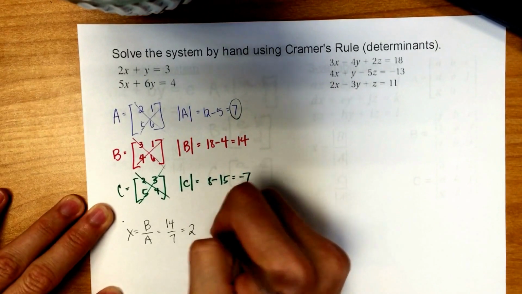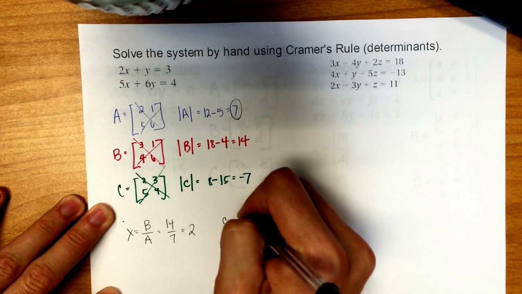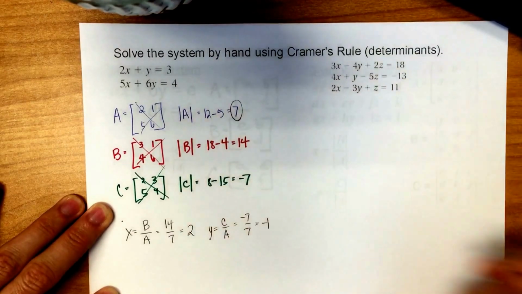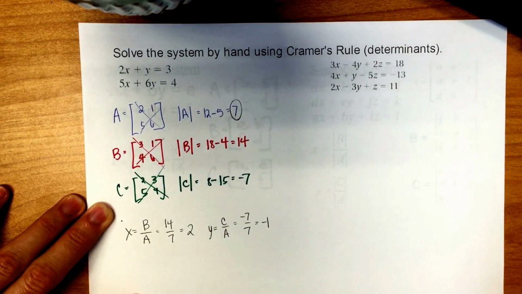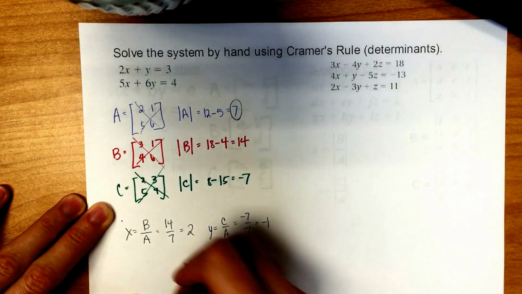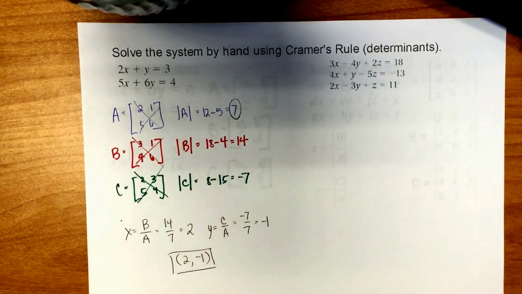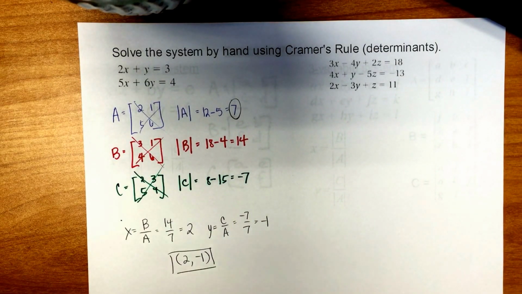When I divide C by A, -7 divided by 7, it gives me -1. That's the value of y in my system, and all I'm going to do is write those two numbers as an ordered pair, 2, -1. And that's how you solve a 2x2 system using Cramer's rule, which is using determinants.